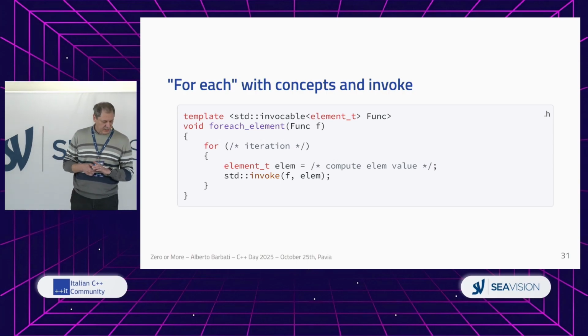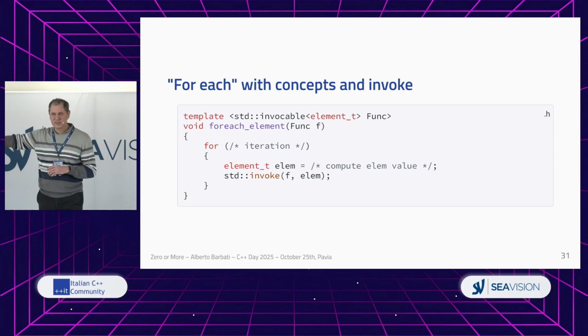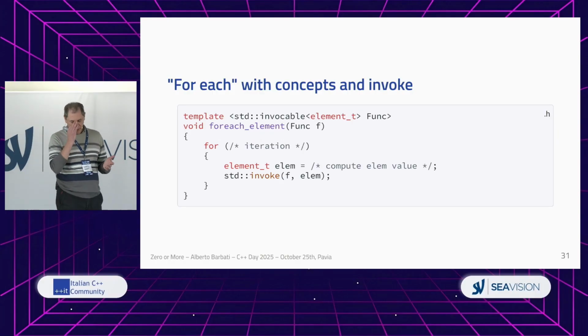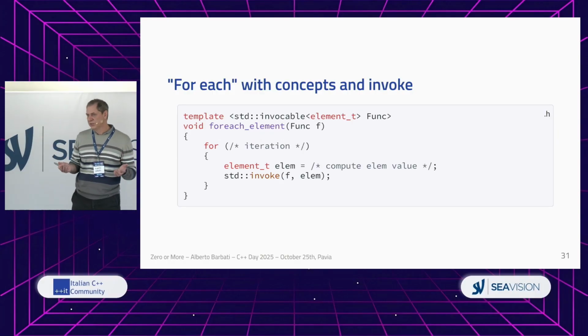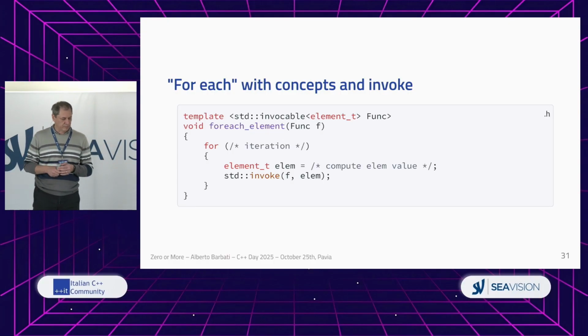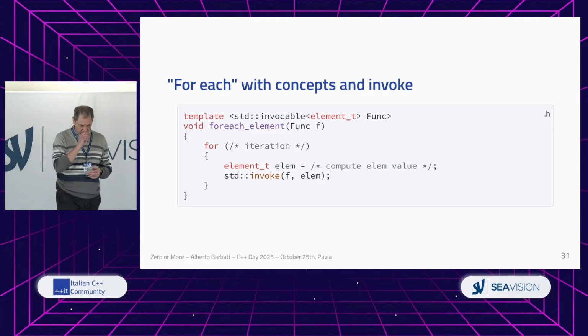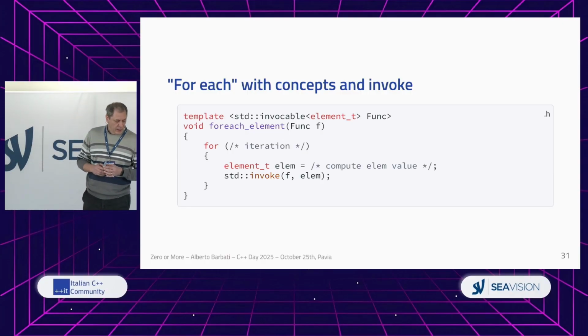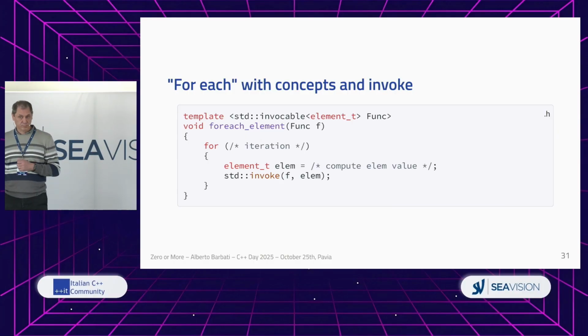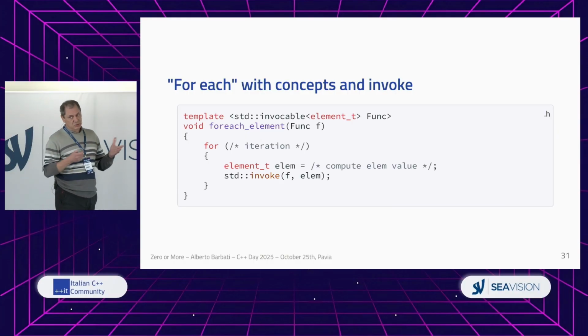And with invocable, there is this std invoke. Std invoke is just a little helper function that usually does the same as f parentheses elem, the function call operator, but it also works for member to function pointer. So that's nice.